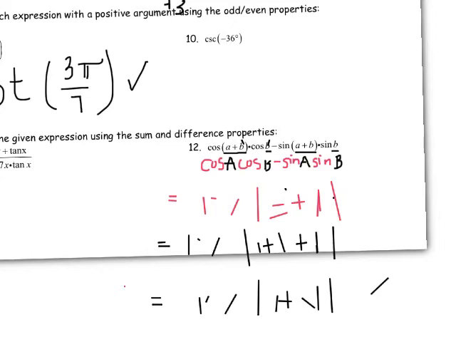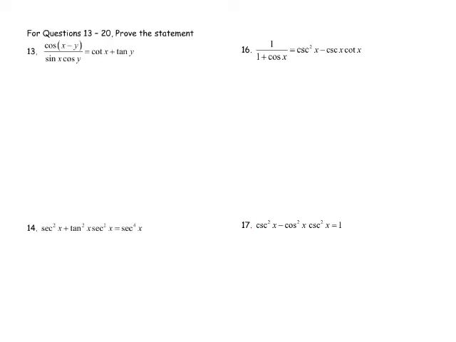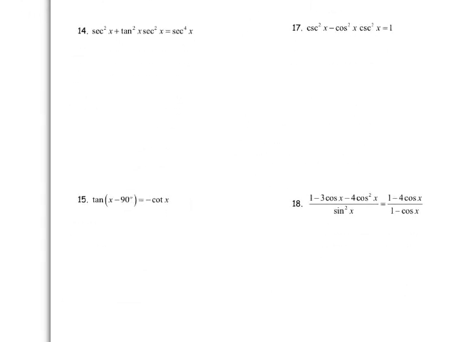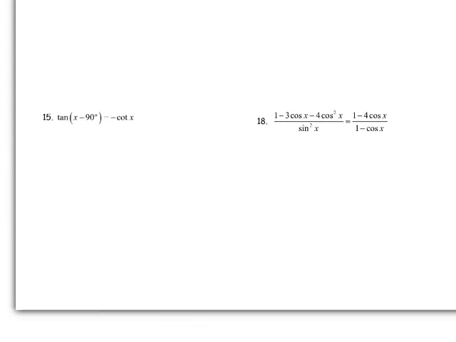All right, let's go on to number 15. Number 15 is tangent of x minus 90 equals negative cotangent x. I've seen this done a couple of times, and a lot of people try to use the tangent rule.